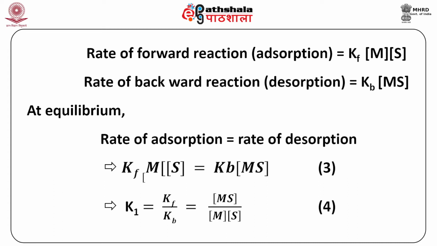Or we can write K1 equals Kf by Kb equals MS upon M into S as our equation 4, where K1 is the equilibrium constant for distribution of adsorbate molecules between the adsorbent surface and the gas phase.